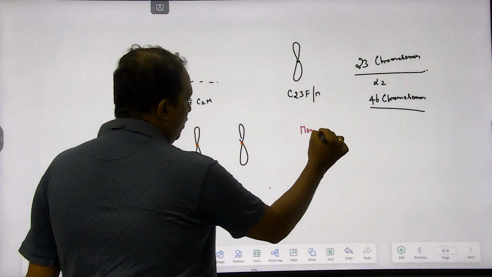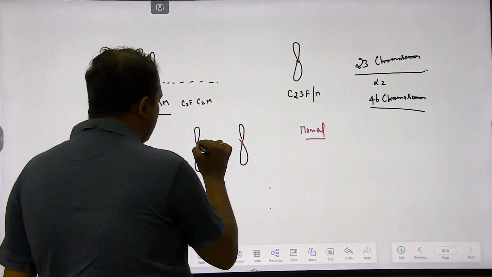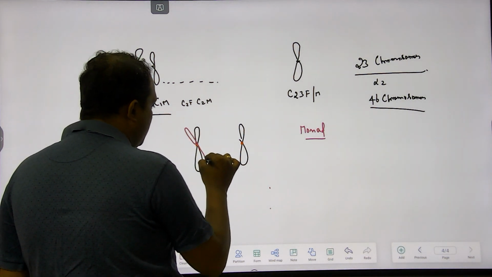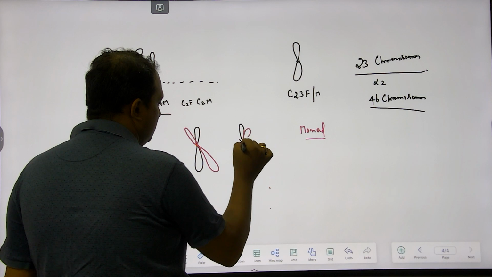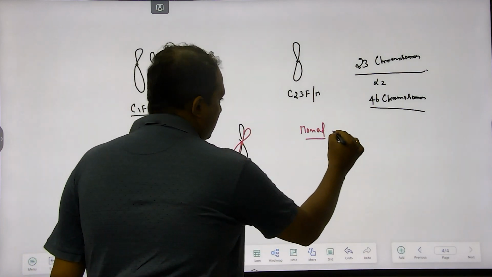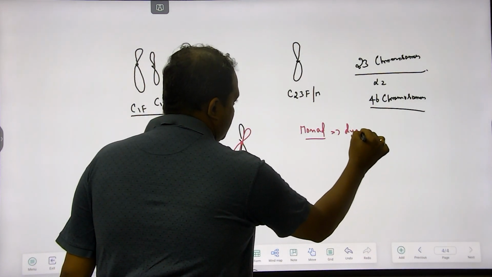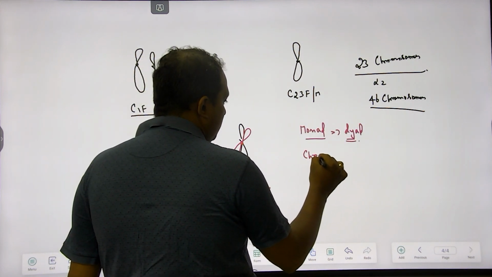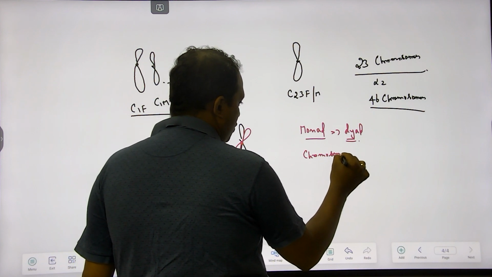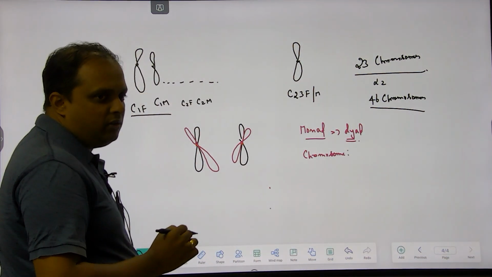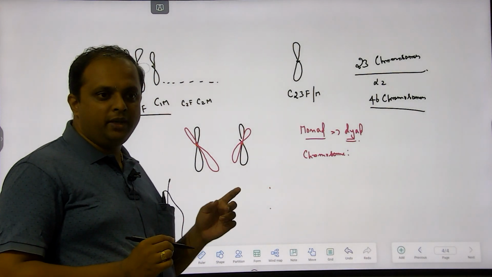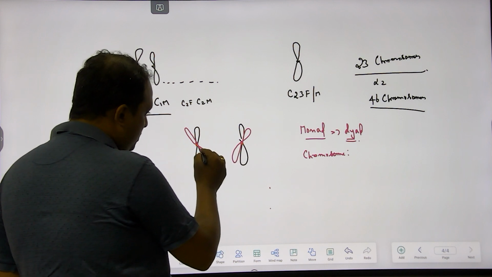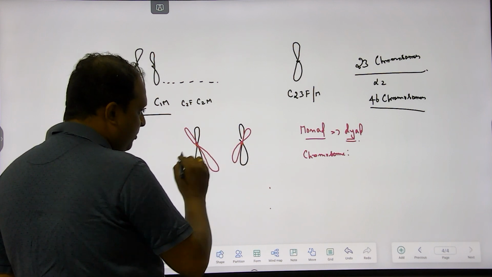Now in S phase, due to DNA replication, this is going to become a dyad. You call this a dyad. Now here, the chromosome number remains the same, because you always count the number of chromosomes by counting the number of centromeres. So the centromere is going to be one, the same number of centromeres in both cases.